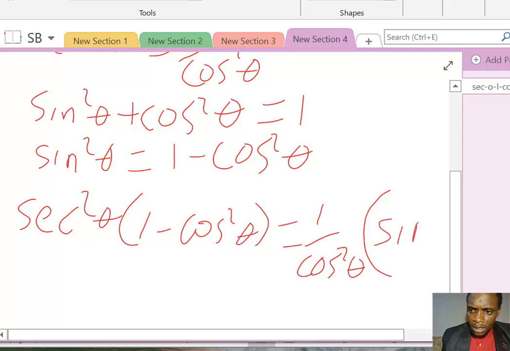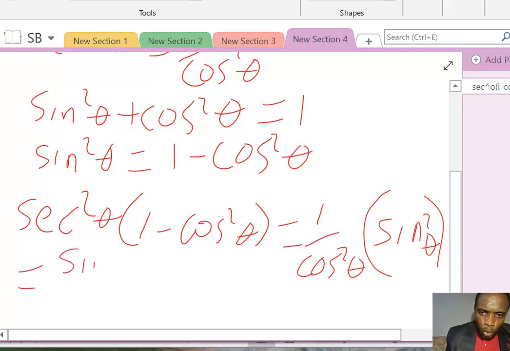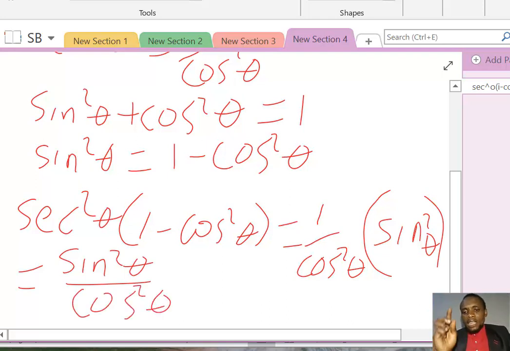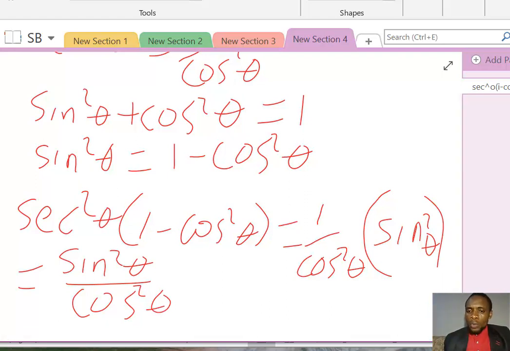So we put sin squared theta, close the bracket. If you multiply the two together, you have sin squared theta all over cos squared theta. And if you remember in our previous work, sin squared theta over cos squared theta equals tan squared theta.